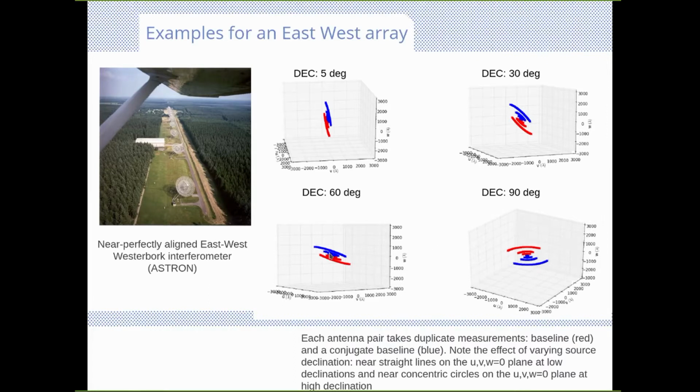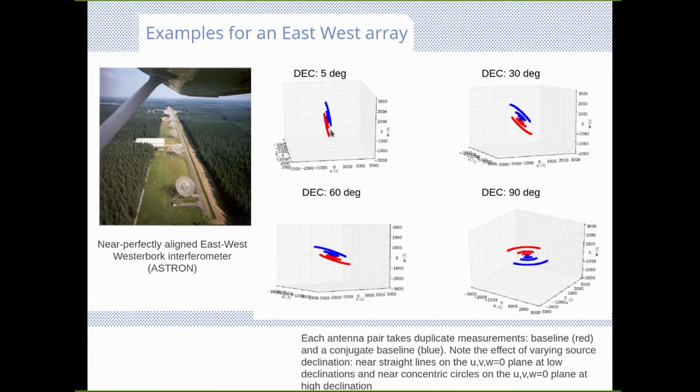Now, as we move declinations further and further away from the NCP, you'll see that this frame now starts to tilt. So as we get very close to declination 0, then the points, as we project them onto the plane UV, W equals 0, so this UV plane here at W 0, will form a straight line in either U or V, depending on the hour angle.